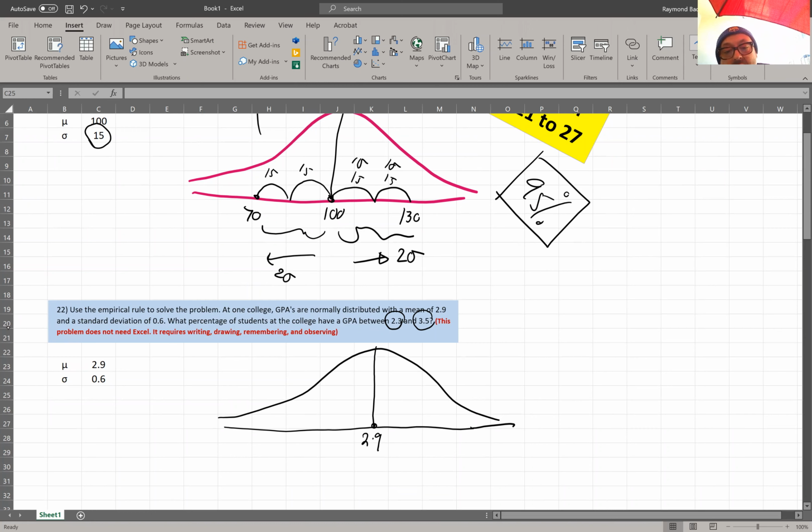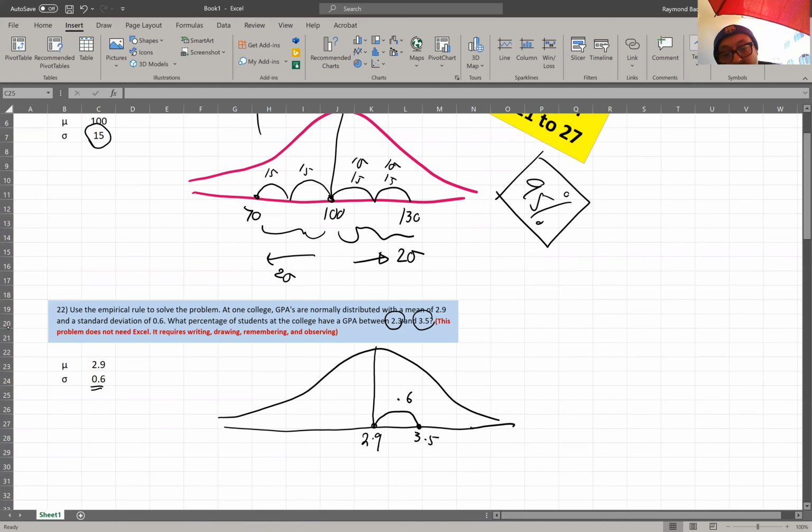So how far is 3.5 away from 2.9, based on 0.6 being my unit of measurement? Well, 2.9 plus 0.6 is 3.5. So this looks like only one of them. And if I go one standard deviation to the other side, I will capture the left-hand point, which is 2.3.